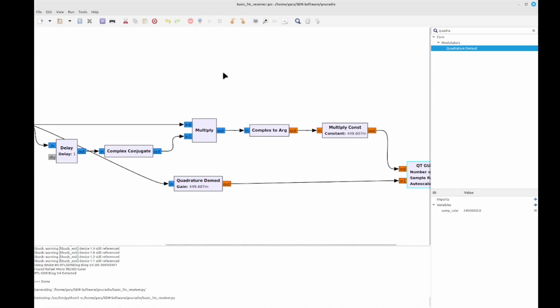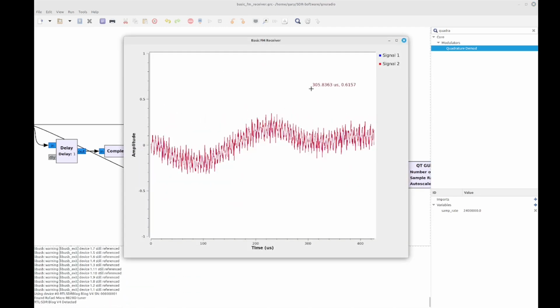And when I run this, these two waveforms should be exactly overlapping.